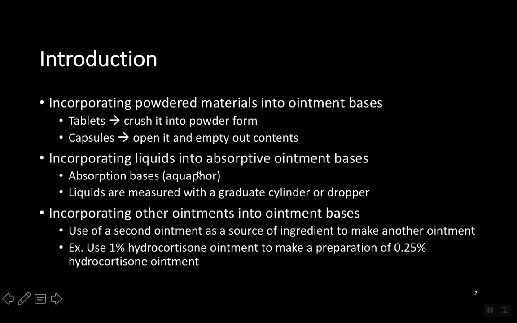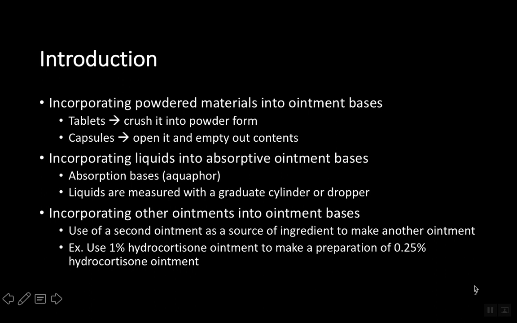Okay, so it's a type of base, an absorption base that can absorb liquids, and you can incorporate the liquid by measuring it into, let's say, a cylinder and adding it, or using a dropper to add it into that absorptive base. You can also incorporate other ointments. You can also incorporate, I should say, commercially available ointments with active ingredients into another ointment, right?